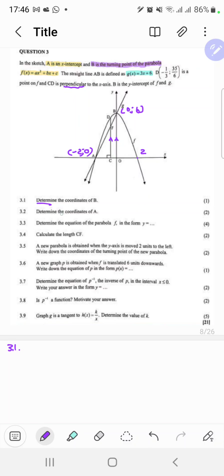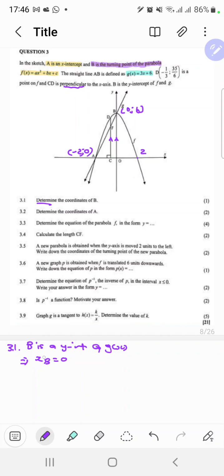3.1. We want the coordinates of B. We can say B is a y-intercept of g of x. This implies that x at B is equal to 0. I mean, that is standard information.